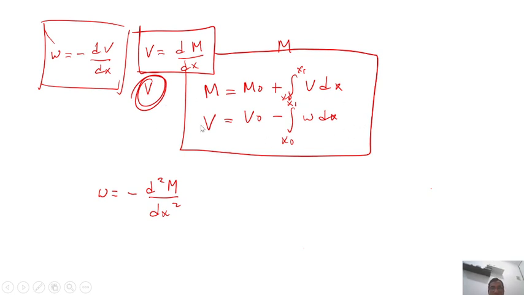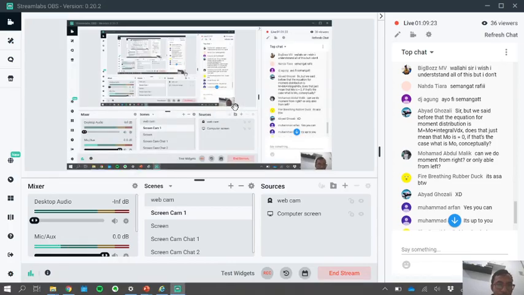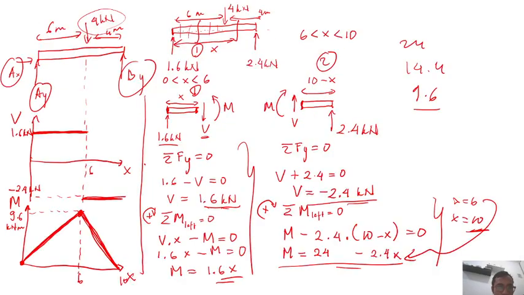Let's check our v value. Our v value here is 1.6 kilonewton from x equal to 0 until x equal to 6. And then our v will be minus 2.4 kilonewton from x equal to 6 until x equal to 10.